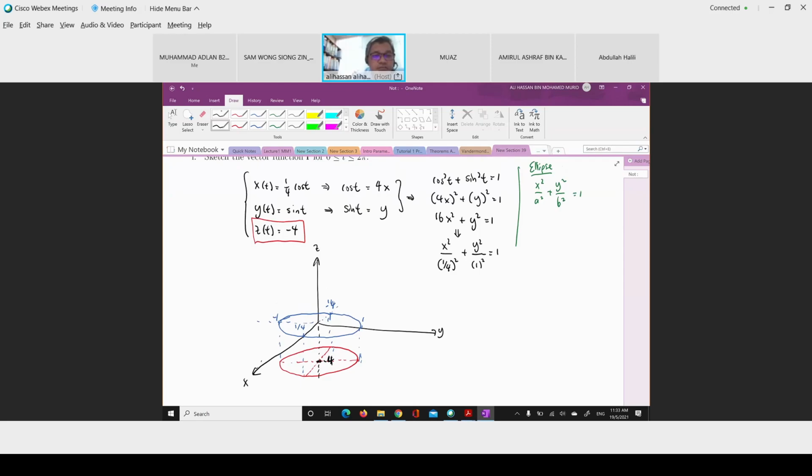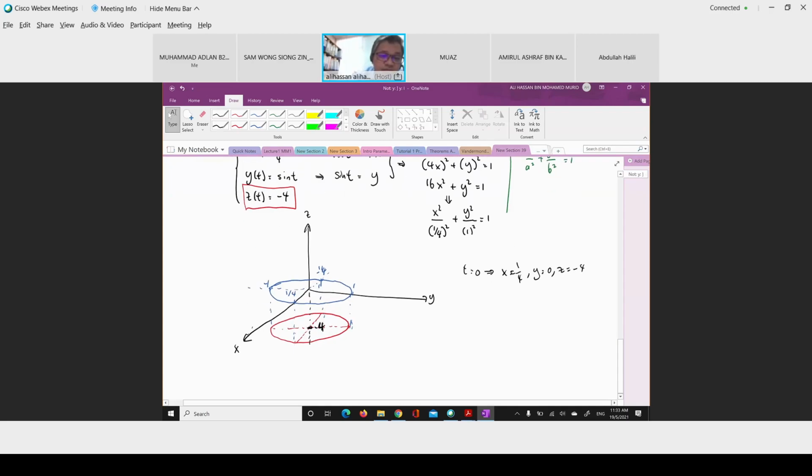When t equal to 0, we have x equal to 1/4, y equal to 0, z equal to -4. So it is over here. When t is 0, it's there.